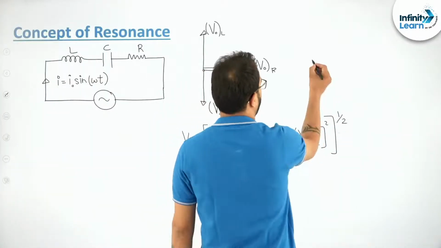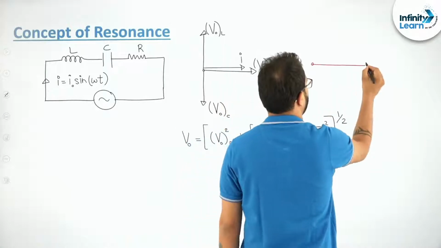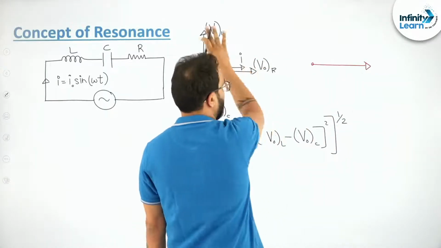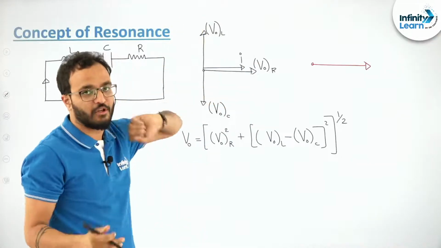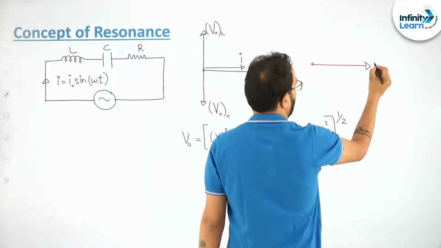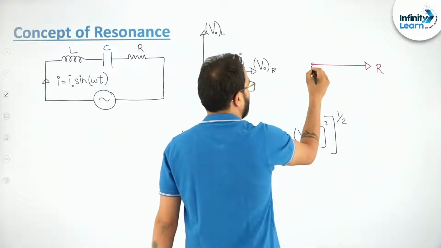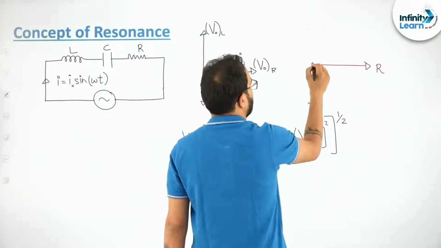Instead of drawing the phasor of the peak values of the potential drops, we can also draw the phasor for the value of the resistance and reactances.